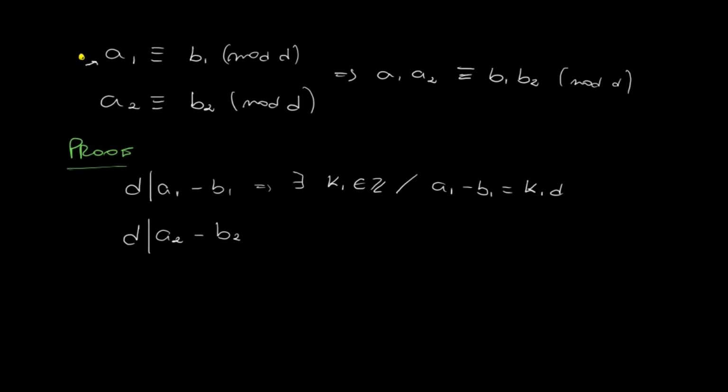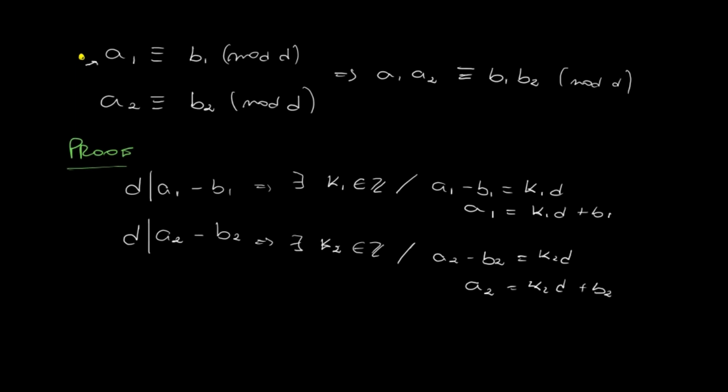Another way of writing this is that a1 equals k1 d plus b1. And the same here, there exists an integer k2 such that a2 minus b2 equals k2 d. So a2 equals k2 d plus b2.